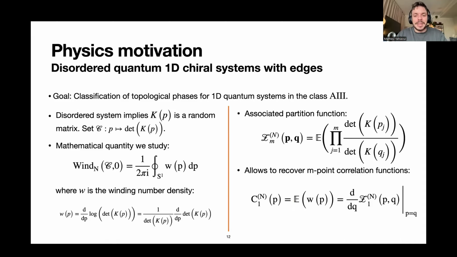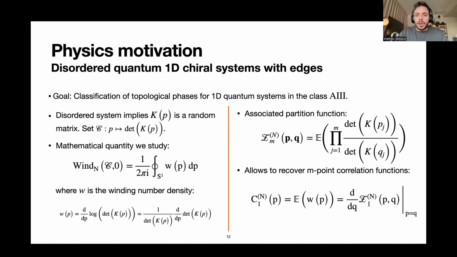And perhaps more interestingly, we study such a random winding number with a partition function, which you can read on the right part of the slide here, which is what I call Z_N^M, and the N reflects the size of the random matrix. So here P and Q were two collections of points on the unit circle.